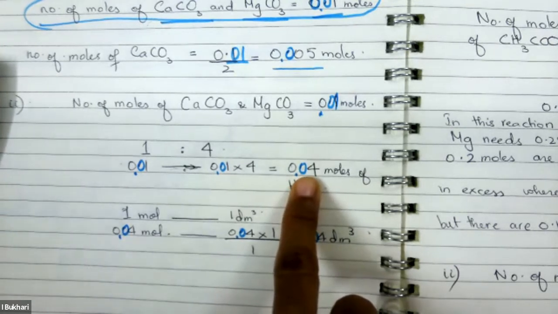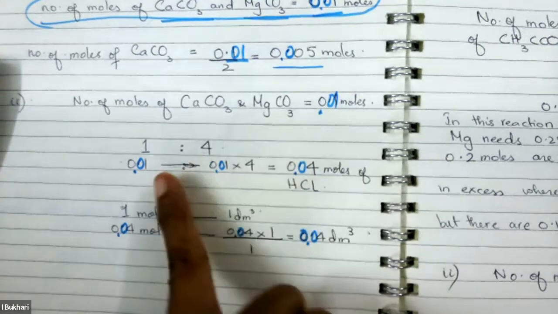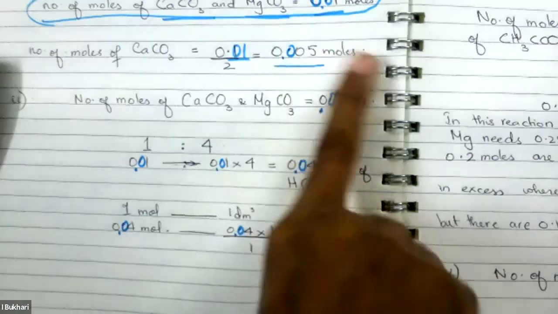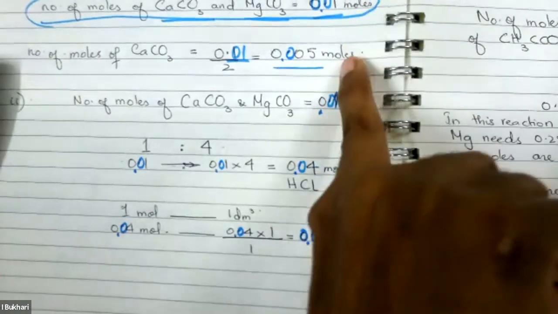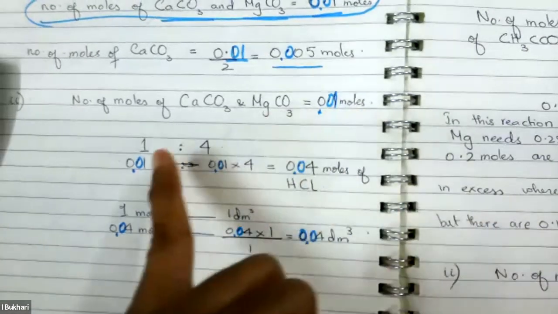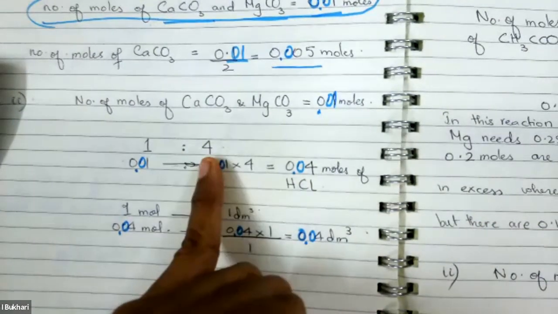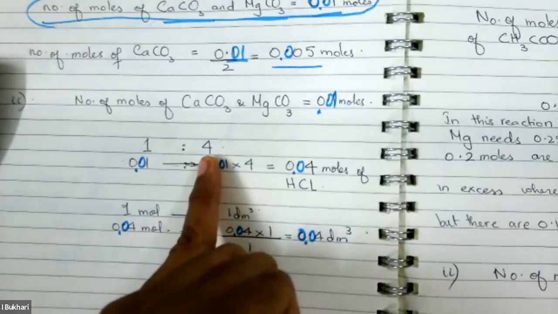So that means they have taken the ratio 1:2. The rest of the answers are correct, right? Yes, Miss. So that means they want us to, okay, wait.